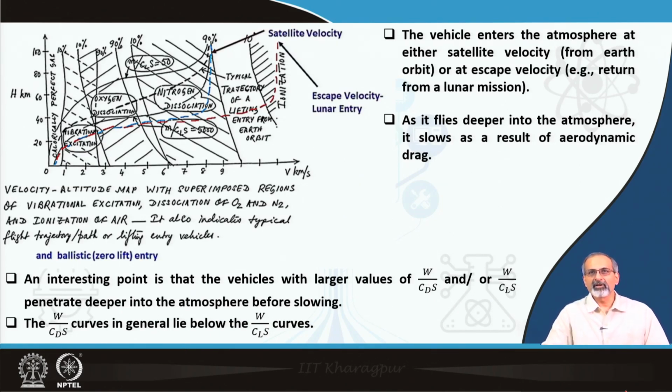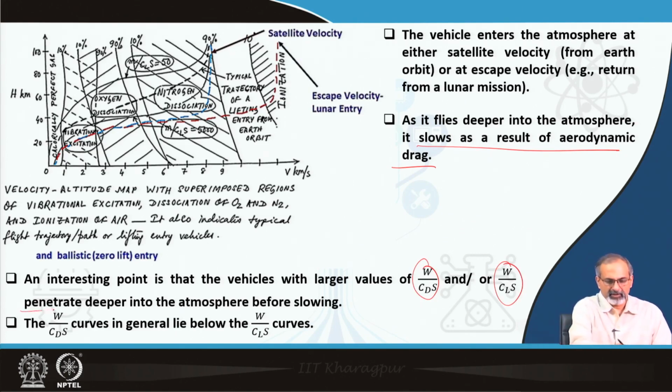As it flies deeper into the atmosphere, it slows as a result of aerodynamic drag. An interesting point is that vehicles with larger values of any one of these parameters penetrate deeper into the atmosphere before slowing.